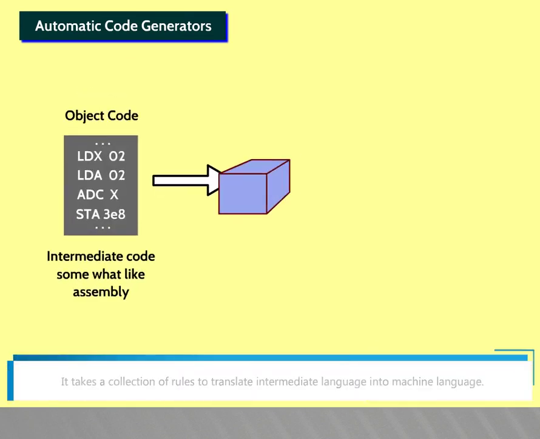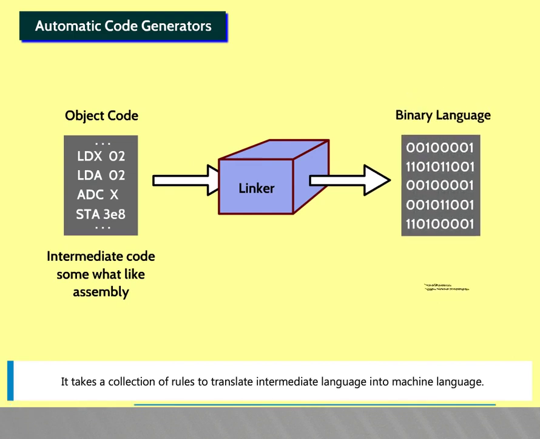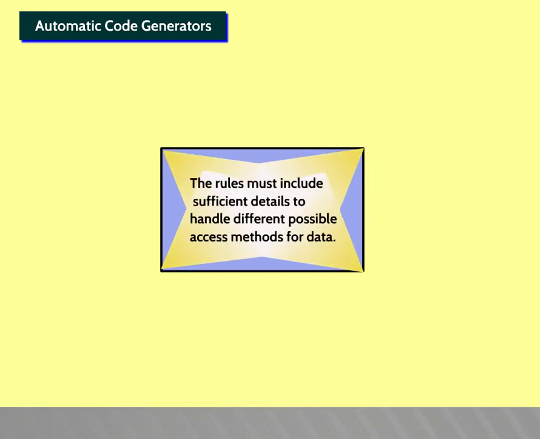Automatic code generators. It takes a collection of rules to translate intermediate language into machine language. The rules must include sufficient details to handle different possible access methods for data.